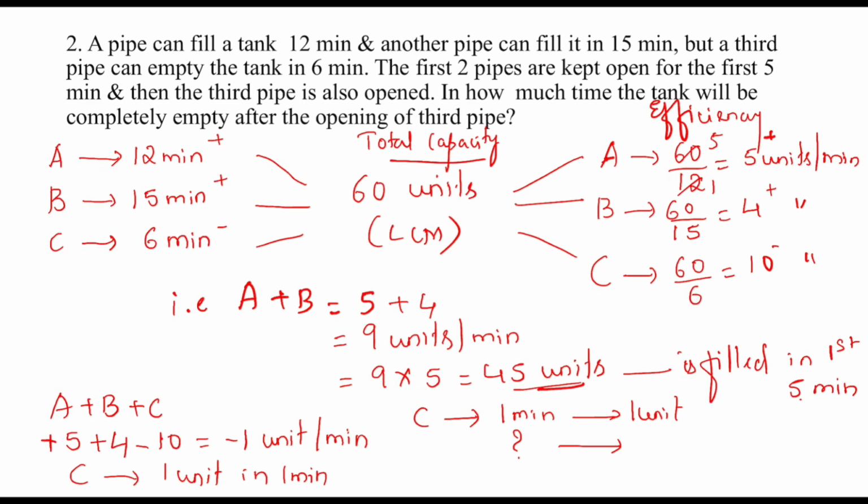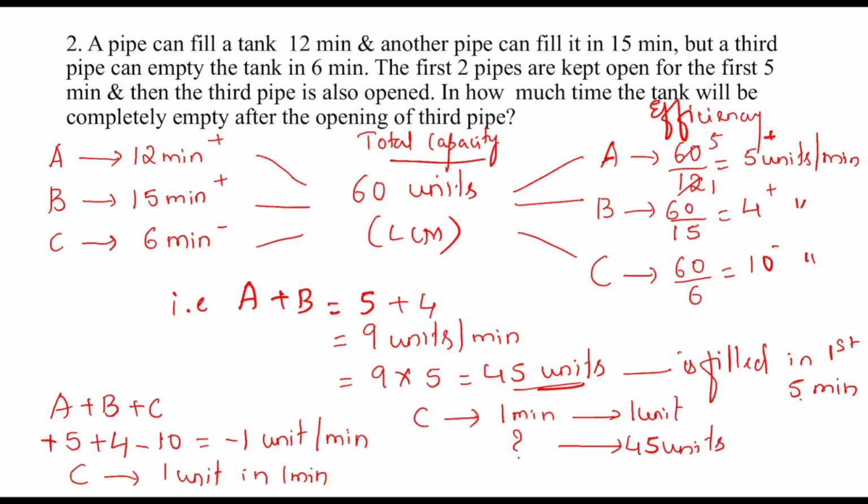So after 5 minutes C is opened. Once all three are operating, what is happening? The resulting thing, 1 unit per minute is emptying. So C will have to empty how much? It has to empty 45 units, not 60 units, because only 45 units of the total capacity of the tank is filled.